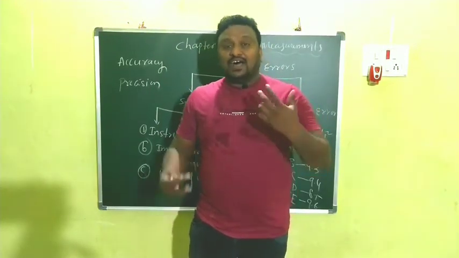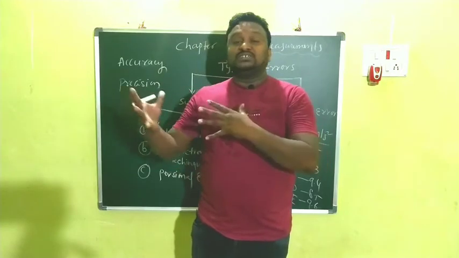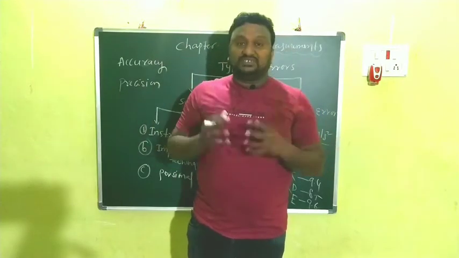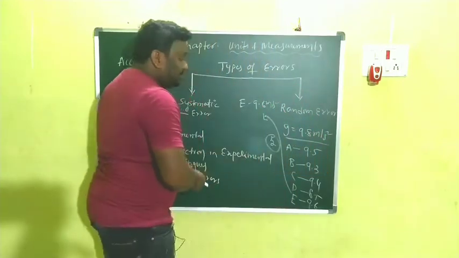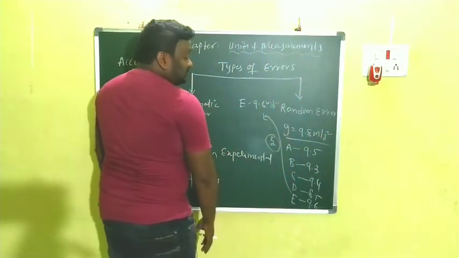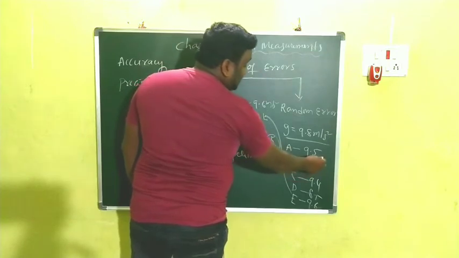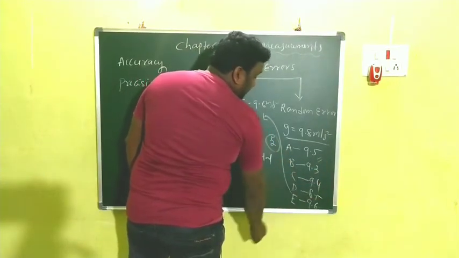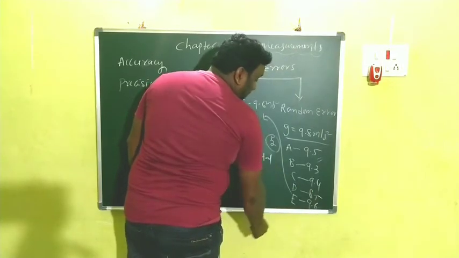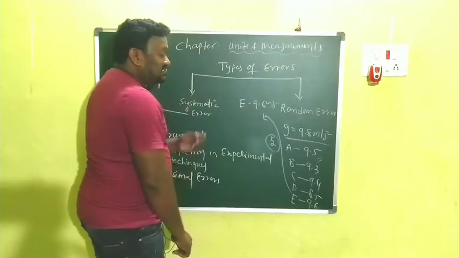We have 5 students, and they performed the activity and measured the value of g. A measured 9.5, B 9.3, C 9.4, D 8.5 and E 9.6.